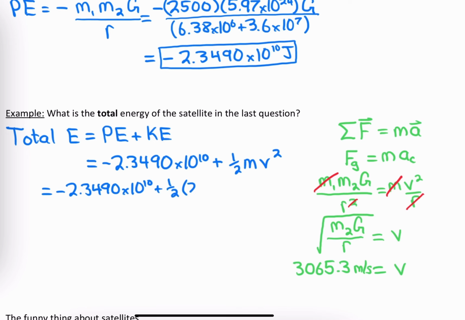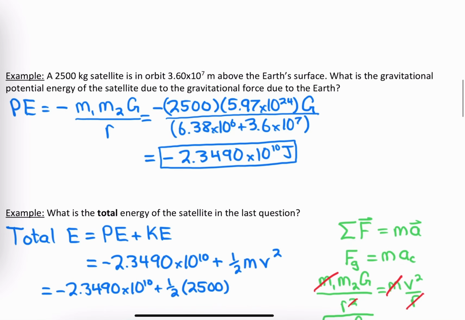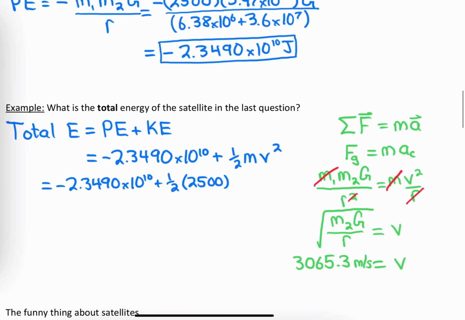So m, the mass of the object, is 2,500 kilograms. That's from the original question, back up here. And v is 3,065.3, squared.